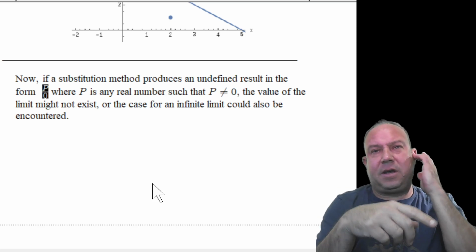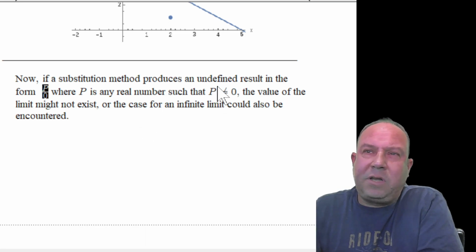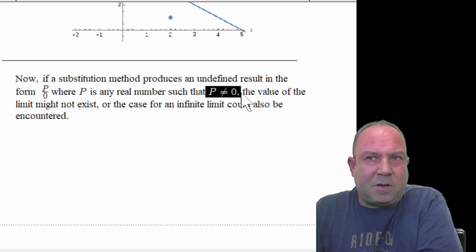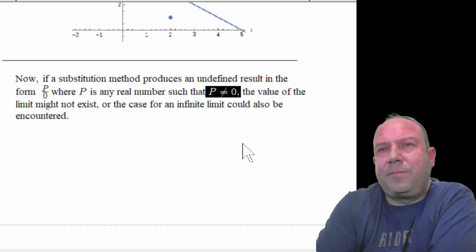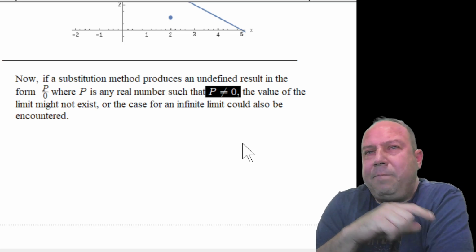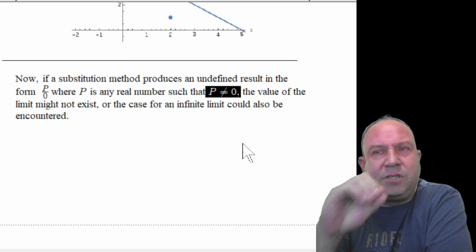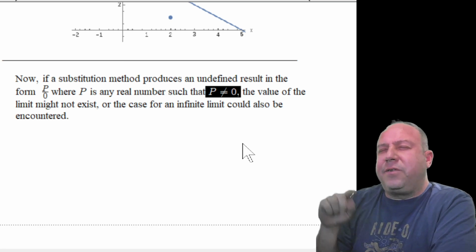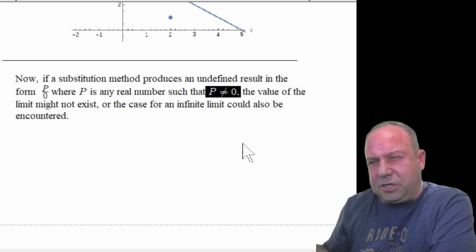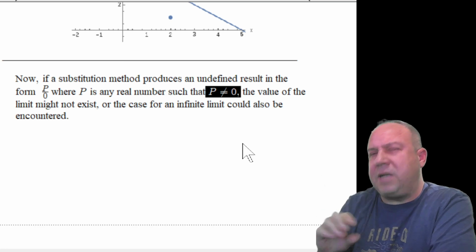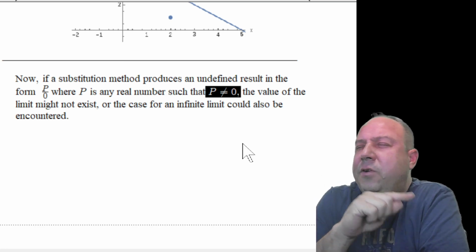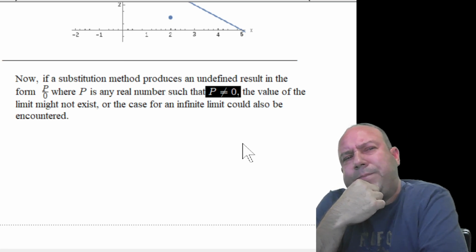I should be careful there: any real number where that real number is not itself also 0. You mostly encounter undefined results in the case for non-piecewise functions, when we're not looking at a piecewise function, in the case for a rational function.